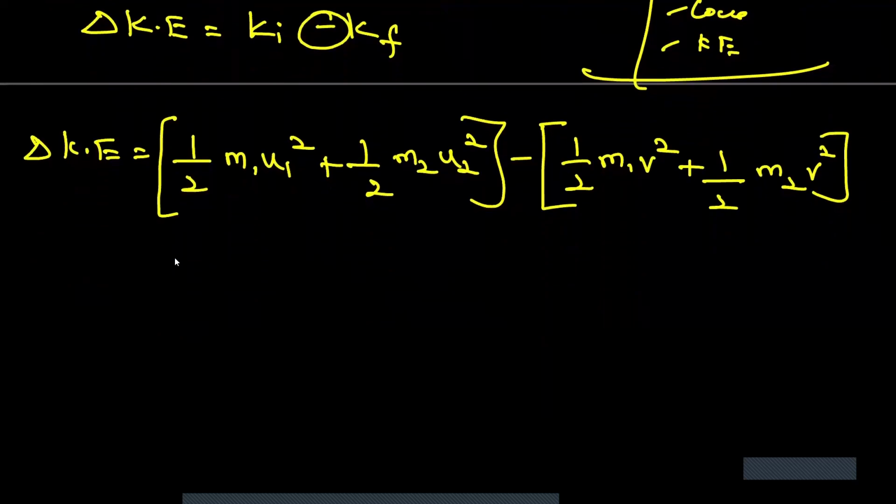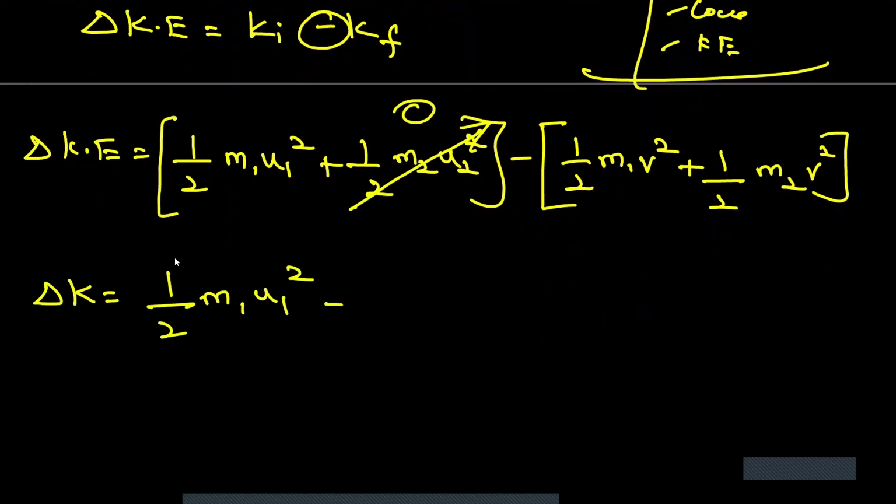Now, everybody knows the value of u2 is equal to 0. Automatically, the second term becomes 0. Now, on the left-hand side, I'll write it as delta K because there's no space. What is left after cancelling the 0 part? In the first bracket, half m1 u1 square is left. Minus, careful guys, I'll open a bracket again. Inside the bracket, you can find v square to be common.